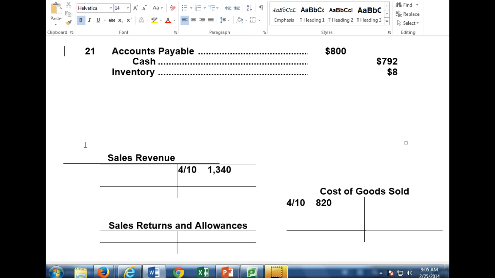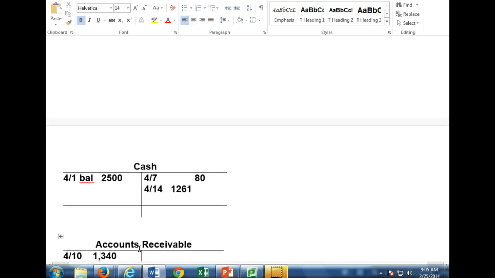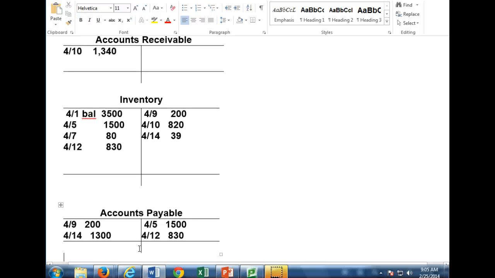Which two accounts? Accounts payable on what date? April 17th. So April 17th, we show a debit for how much? 30? And what is our credit? Inventory? Do you guys agree?